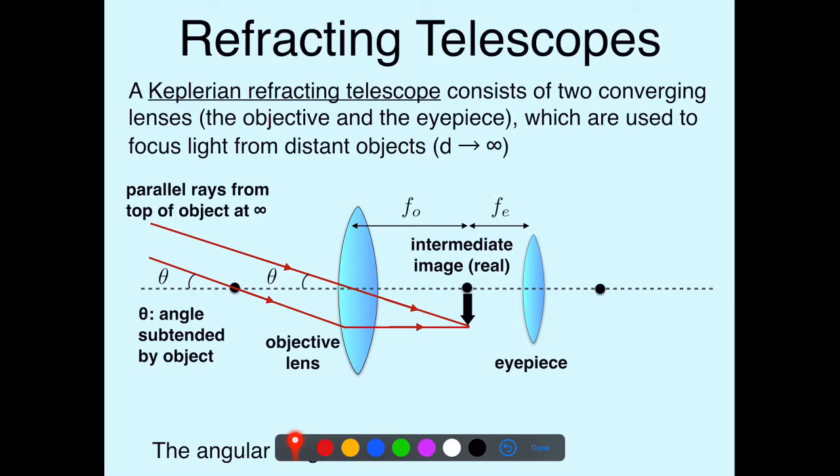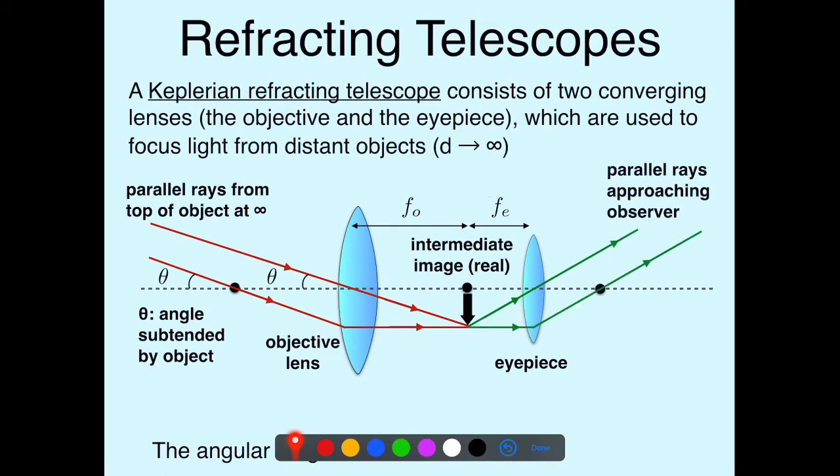Next, we'll see what happens when the light goes through the eyepiece. So it's going through another lens. And what we're doing here is just drawing 2 of the principal rays. One of them goes through the center of the lens without being bent, like this. And another one we could draw goes parallel to the optical axis and then comes out going through the focus.